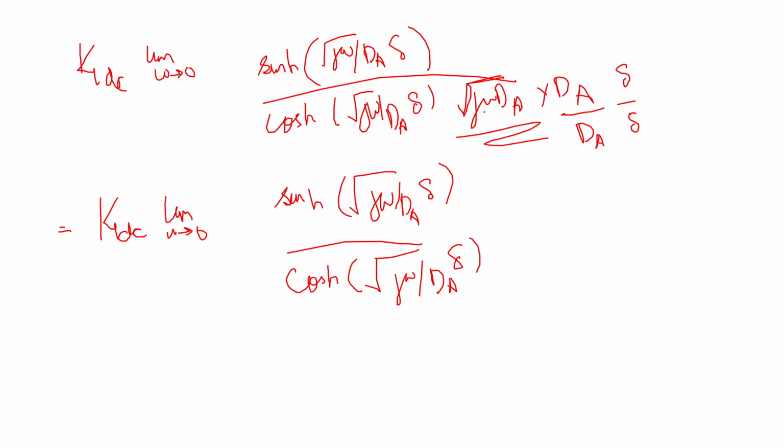So you see root of j omega dA, so this becomes the same as writing dA square, root over dA square, that is same as dA, right?